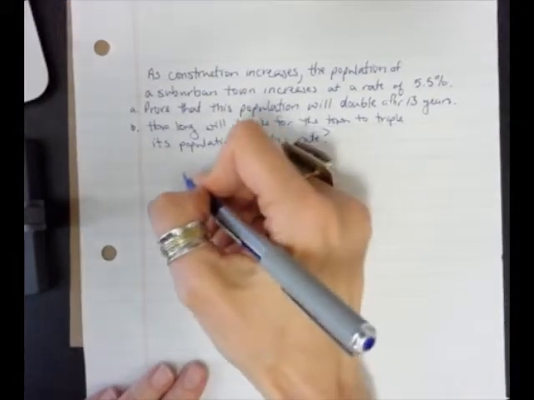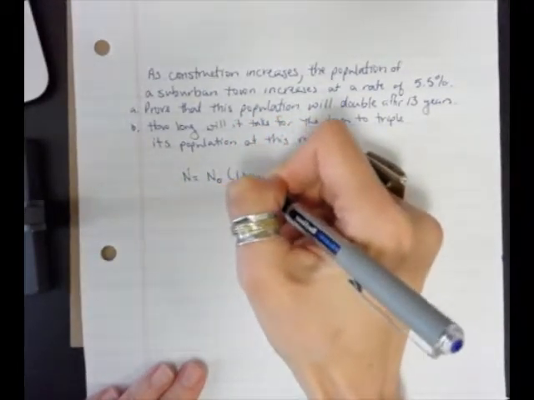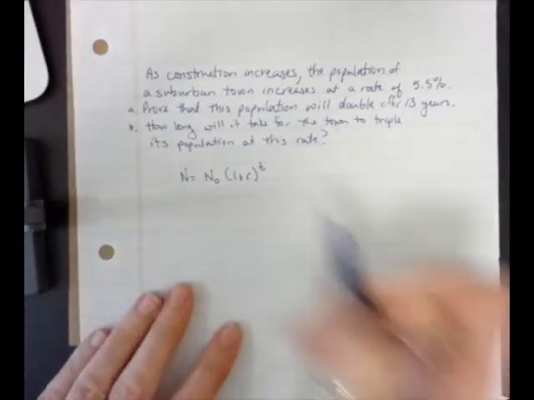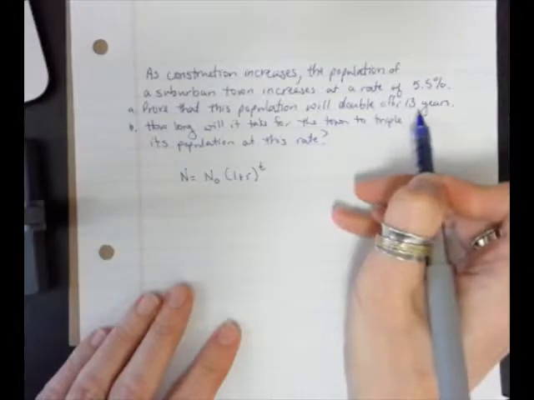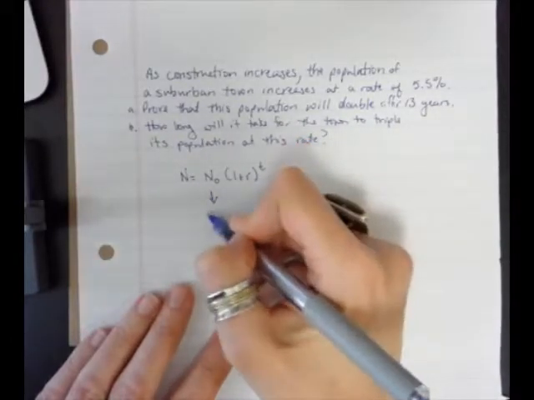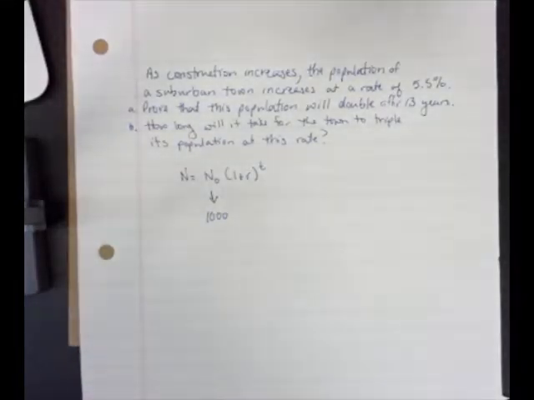I'm going to write that here so we can follow. So what does this mean? We can make up an initial number of people. I'm going to use 1,000 just because it's easy. So imagine if we started with 1,000 people.